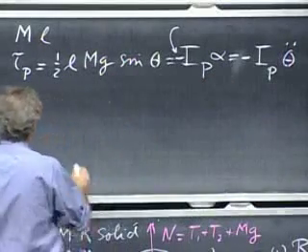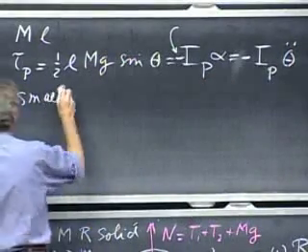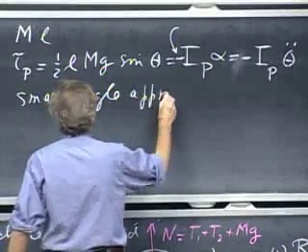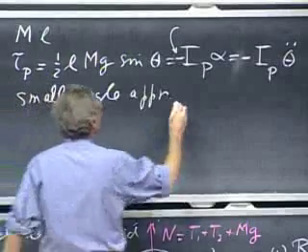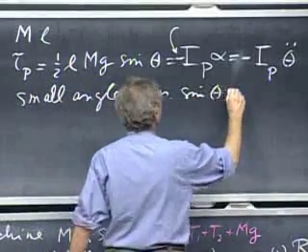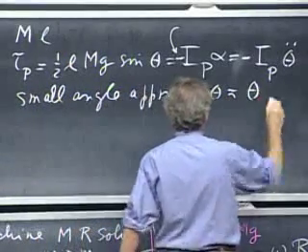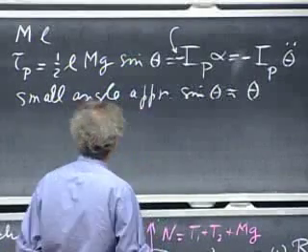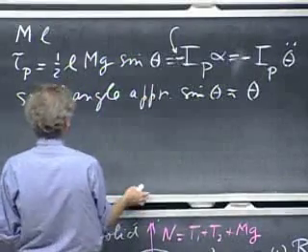Now if we take a small angle approximation, then the sine of theta is approximately theta if theta is in radians. And so I can replace now the sine of theta here by theta.